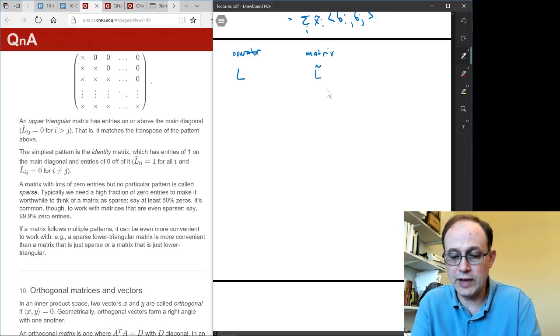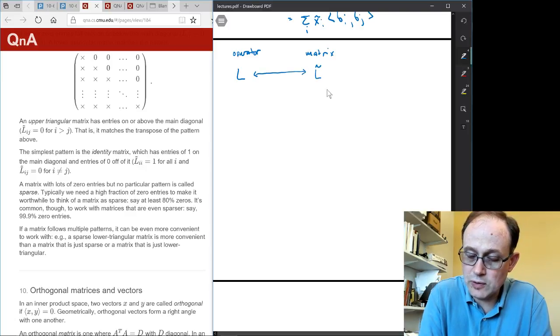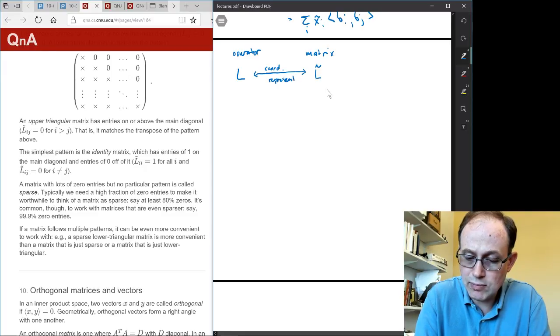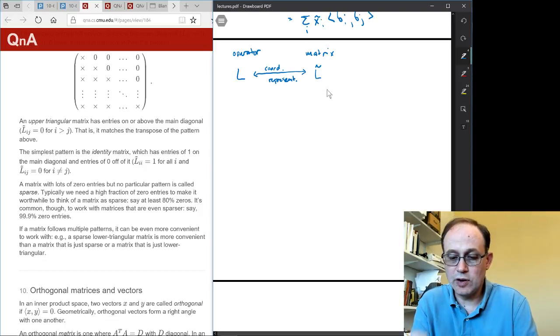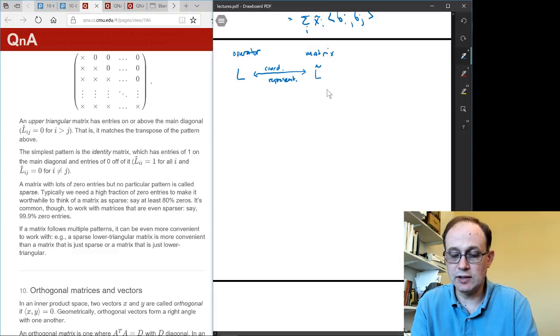So the operator is L and the matrix is L tilde. And these two are related by being a coordinate representation. And so you can go back and forth between L and L tilde, right? L is the operator and L tilde is the matrix.